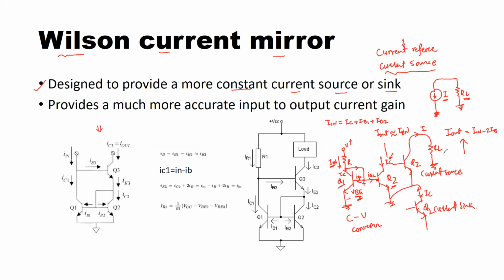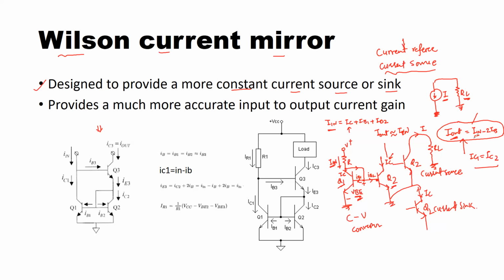So here, IC would be I in minus 2IB, okay? And the collector currents of the transistors Q1 and Q2 are equal, so IC1 is equal to IC2. So that was our theory. Precisely when we talk about this equation, we don't really have I out equal to I in.